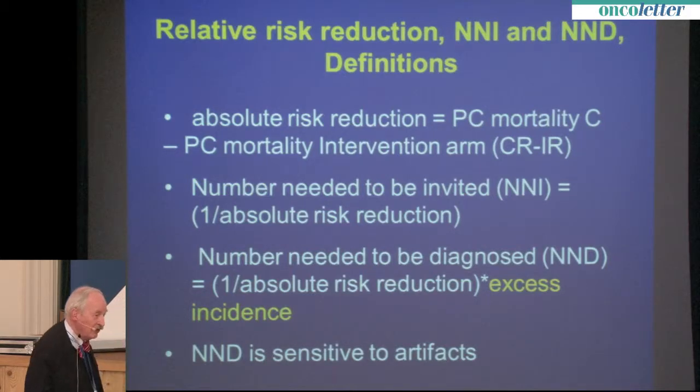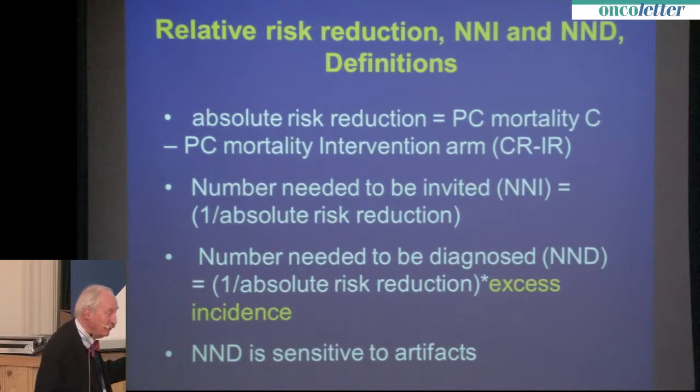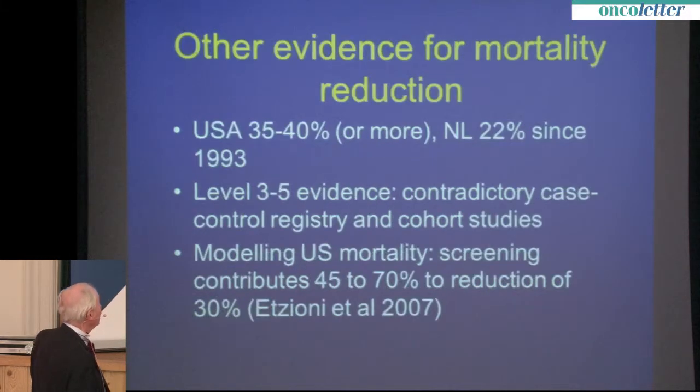For example, the most typical thing discussing the Finnish data, in my view, is that Finland has stopped screening after 3 screens. So the incidence automatically is going to drop. And this is going to create an artifact because it's going to improve the number needed to diagnose and the number needed to treat. So I don't trust these data anymore, and I think we just have to wait and see how things develop further.